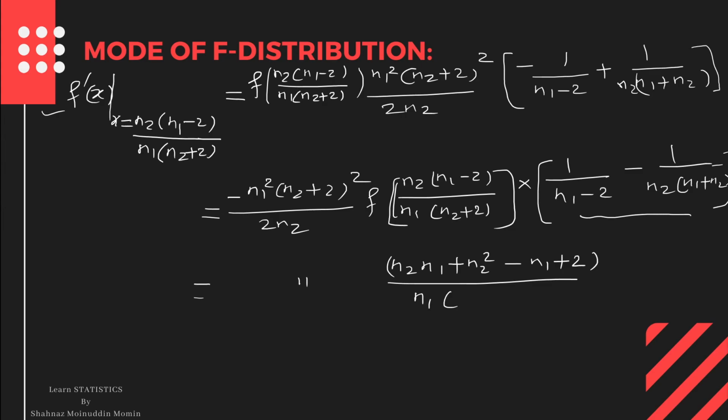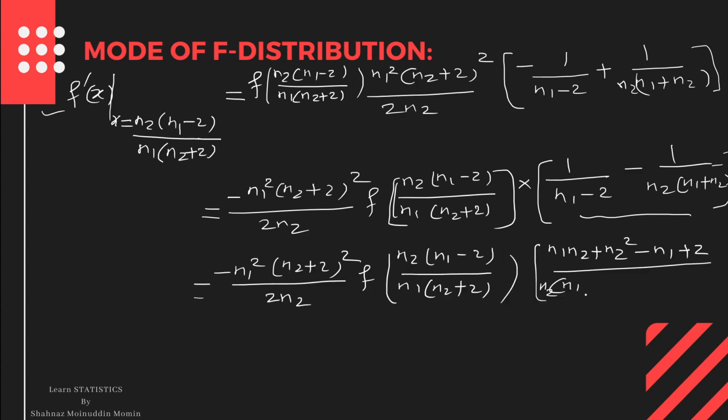Now let me write the term. After simplifying the bracket by taking LCM, we get (n1 n2 plus n2 square minus n1 plus 2) divided by n2 into (n1 minus 2)(n1 plus n2). Since n1 and n2 are degrees of freedom which are positive, f is the PDF of F distribution which lies between 0 and 1.